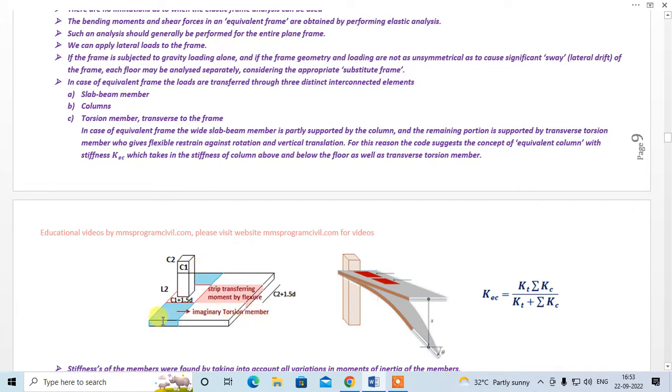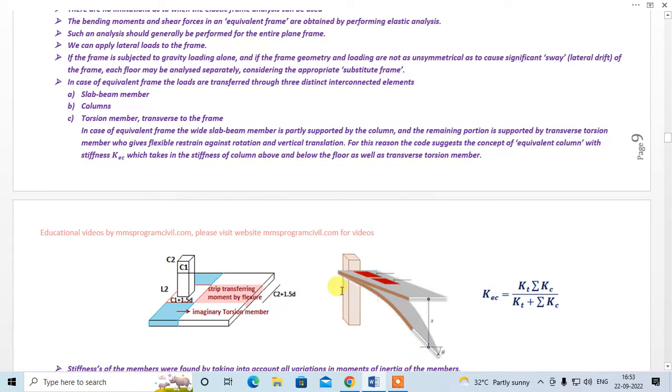So when the load is applied to this imaginary torsion member, it will twist, right? So this is your torsion member. When the load is applied, it will twist something like that, and it will deflect, and it will have a downward translation. Okay, and due to this twisting, it will try to rotate this column, right?